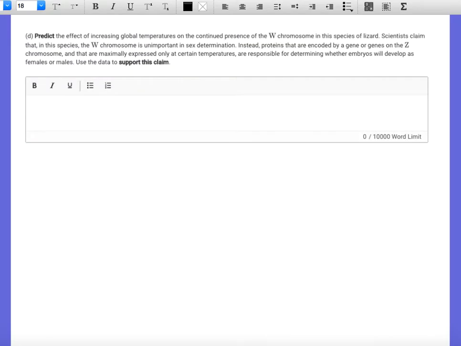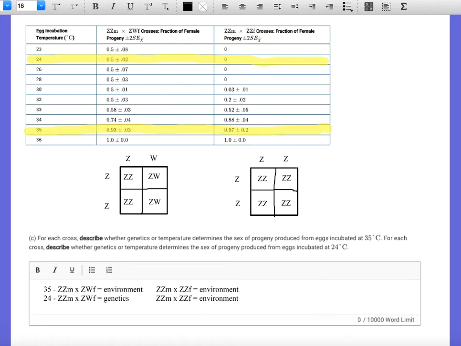And then, proteins that are encoded by a gene or genes on the Z chromosome are responsible. Okay, yeah. I mean, you can definitely see that in the data here for sure, because it really looks like you're only male if you have pretty much two copies of the Z chromosome, and it's at lower temperatures.